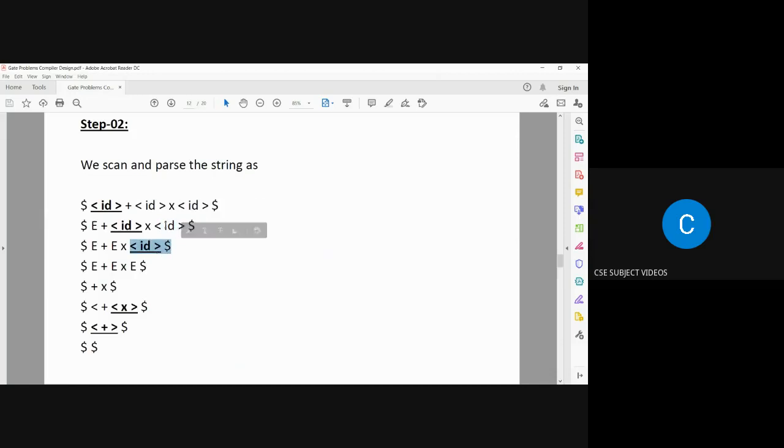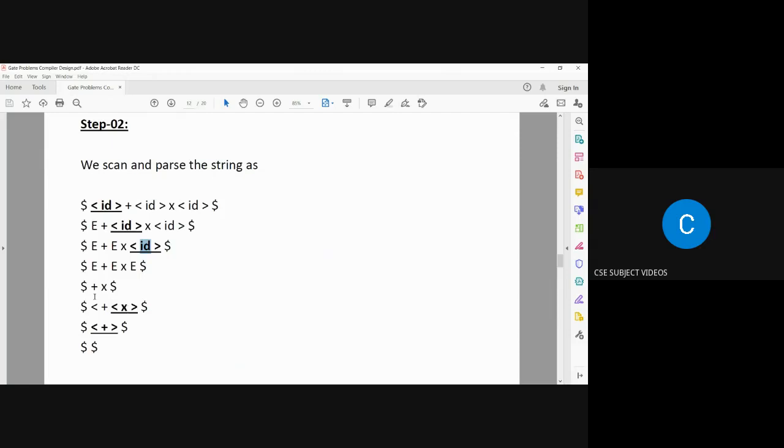Again, seeing the next id terminal symbol, E plus E into this id is replaced by E, and then dollar. Now we eliminate all the non-terminals E, and we have only dollar, the terminal plus, the multiplication symbol, and then dollar.